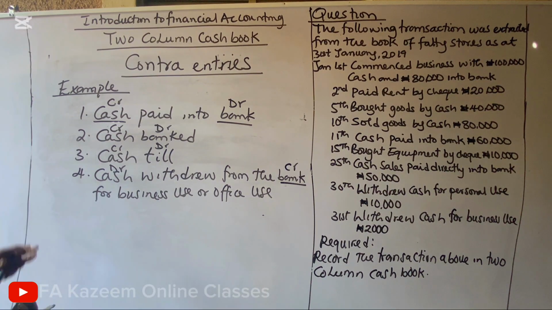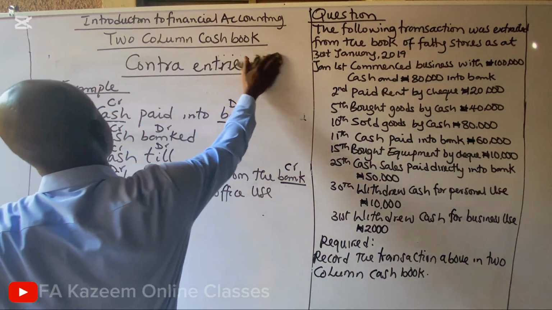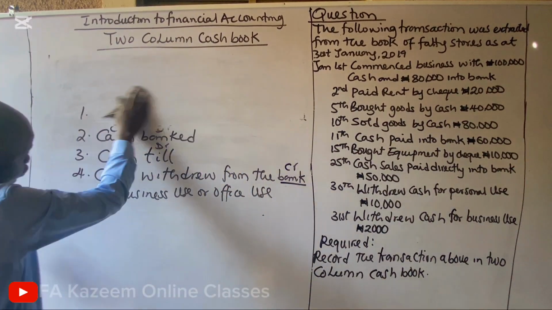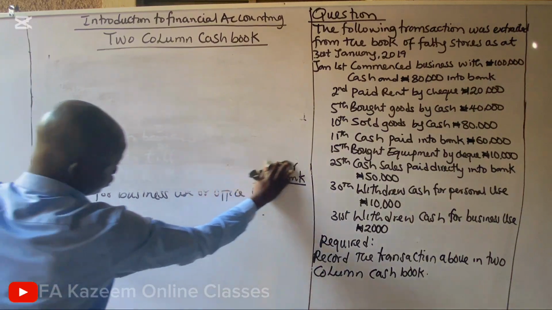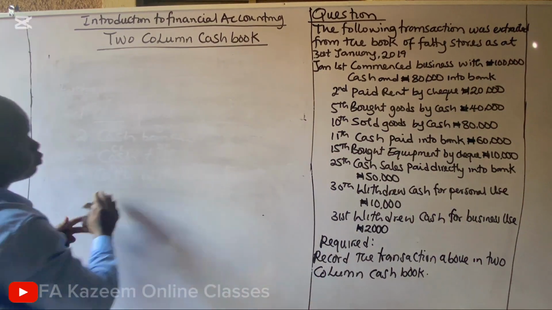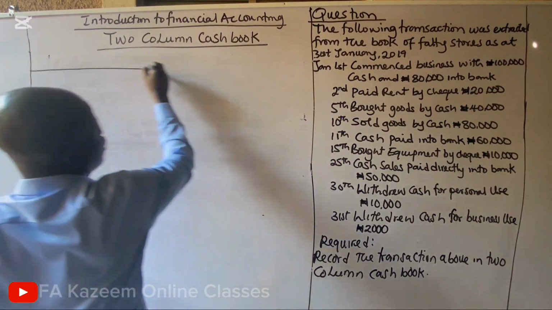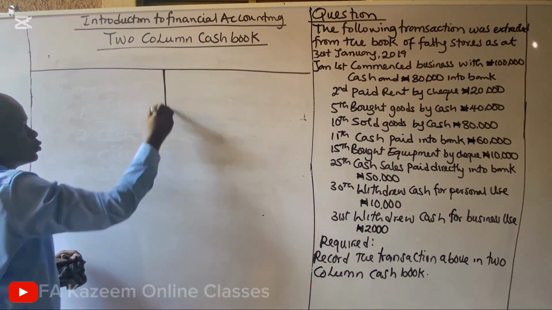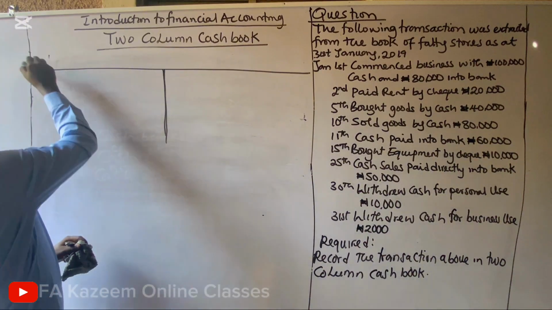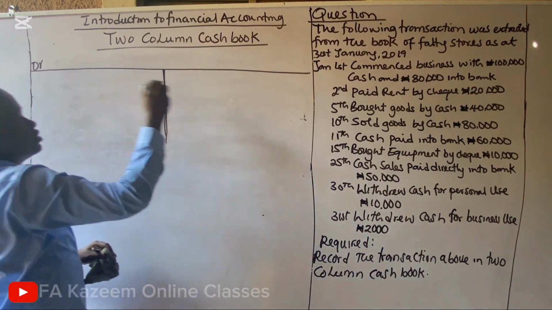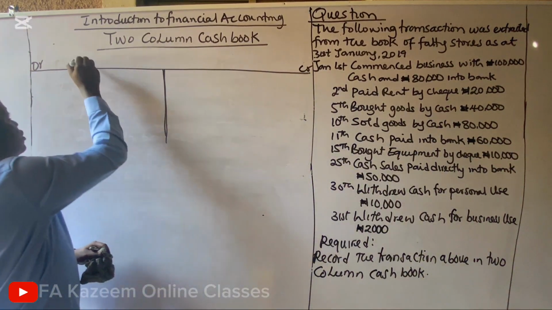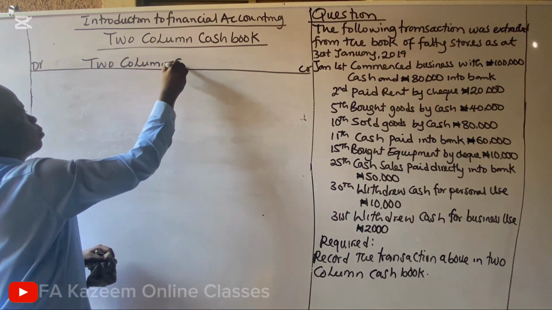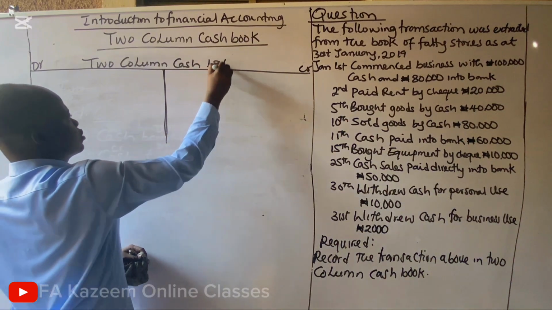From this, let's look at the format of the two-column cash book. The format looks this way. You divide it into two. After dividing it, you put a debit and a credit. You give it a heading: two column cash book.